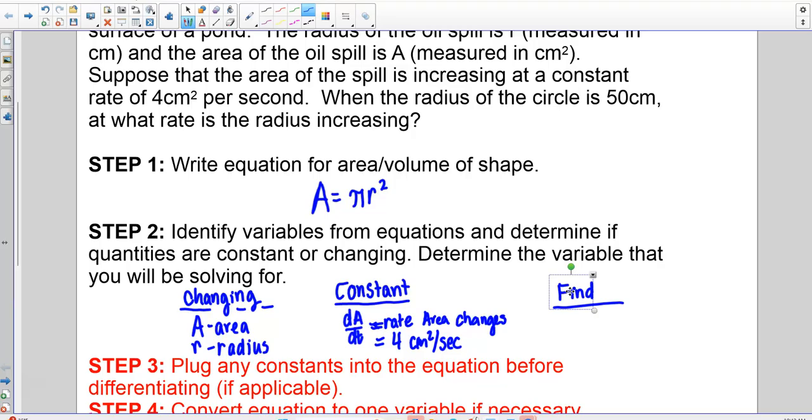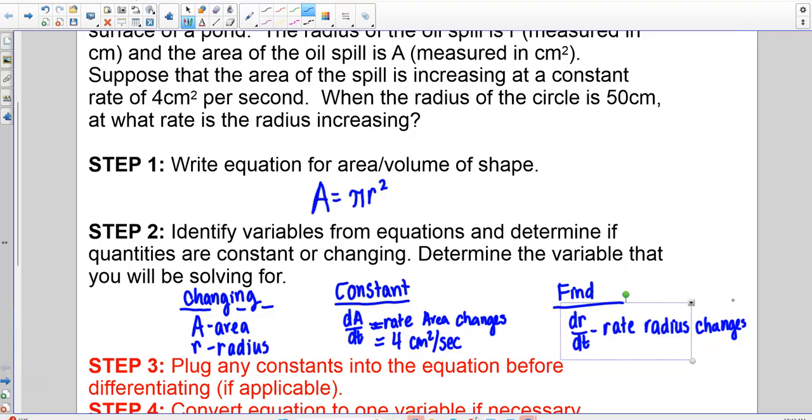The rate at which the radius is increasing. What's that going to be represented with, like in the equation? It's going to be dr dt, rate radius changes. And let's go ahead and think about units for that. How do you measure a radius?